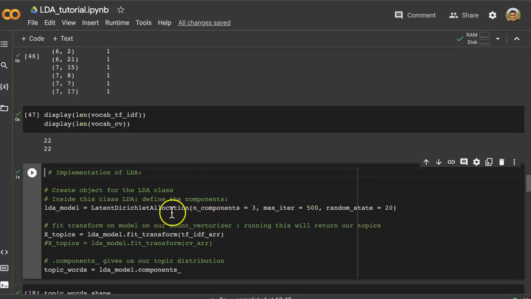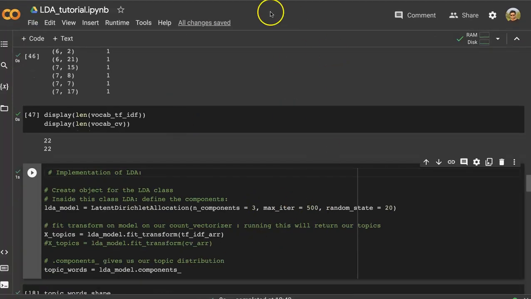Similarly, here we need to specify how many components. Components are basically the topics. So we are saying that in our toy example there are maybe 3 topics. And what is max iteration? It says how many times this program will run.